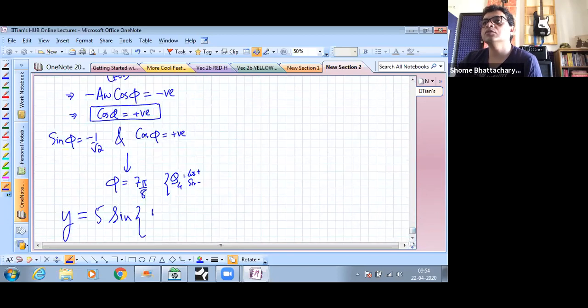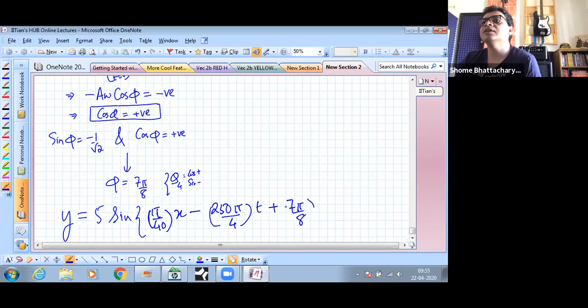So this term is pi by 40 x minus 250 pi by 4 t, but plus a phase constant. And now we can see that phase constant is 7 pi by 8.